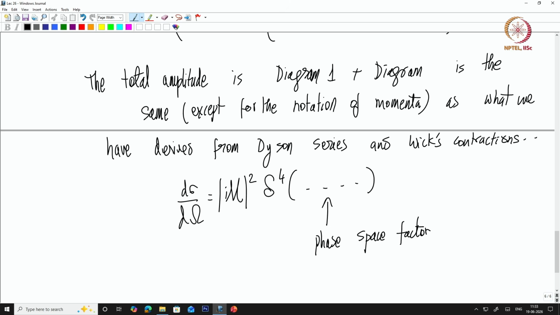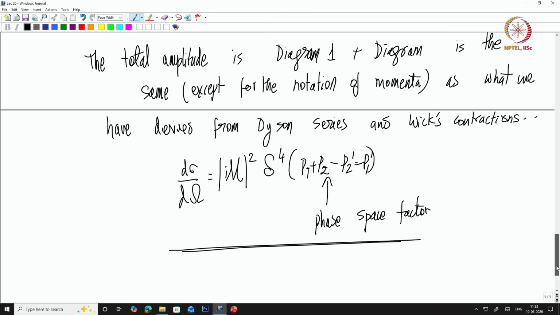Here it is P 1 plus P 2 minus P 1 prime minus P 2 prime. This should always be imposed, so that energy-momentum conservation is always respected.